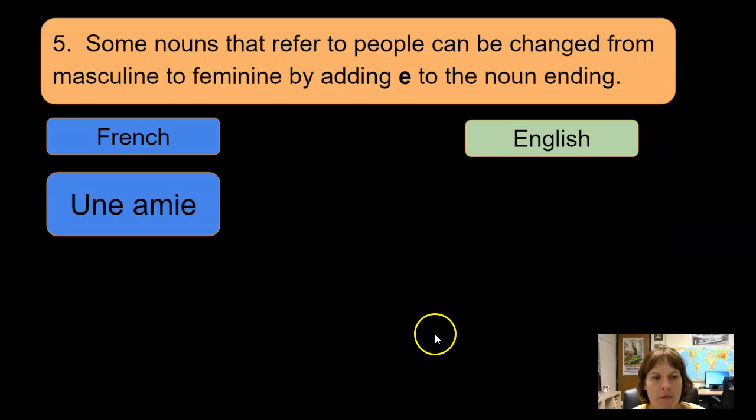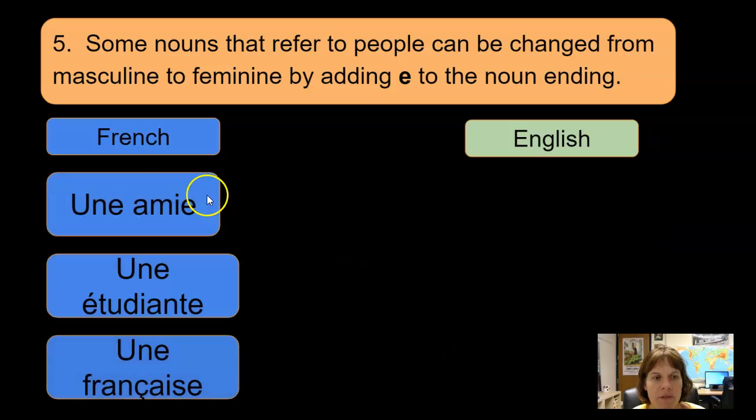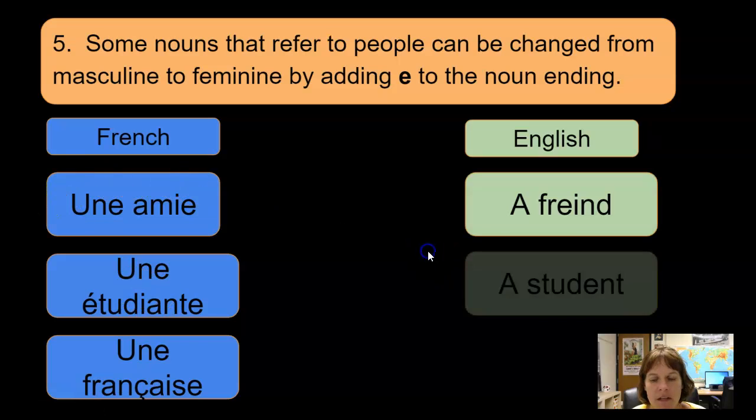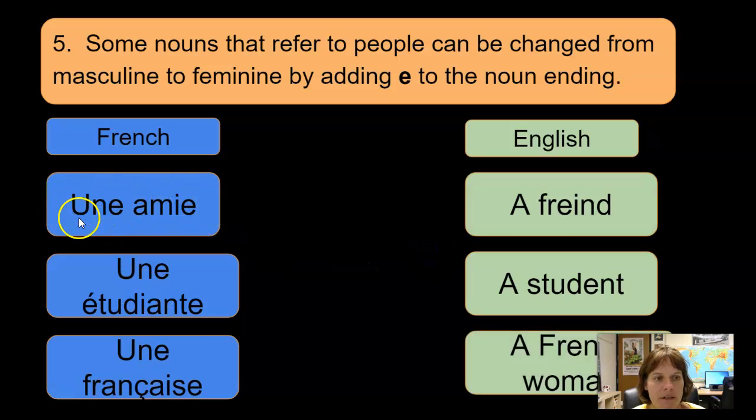To change it to the feminine, this is going to be the same word. Instead of un ami, to make it feminine, I made it une amie. I added an E to the end. So you add an E to the noun if you want to make it feminine. That doesn't go for all nouns, but just some of them.